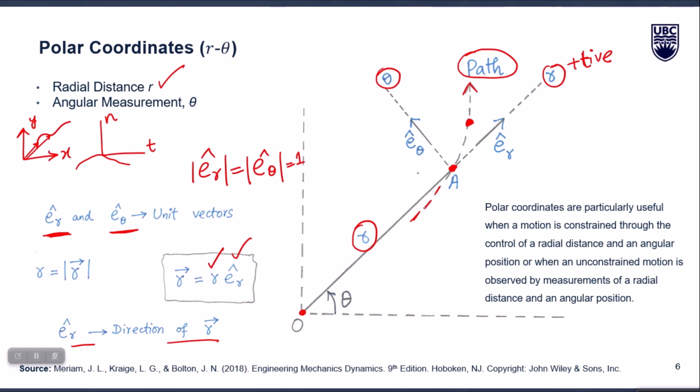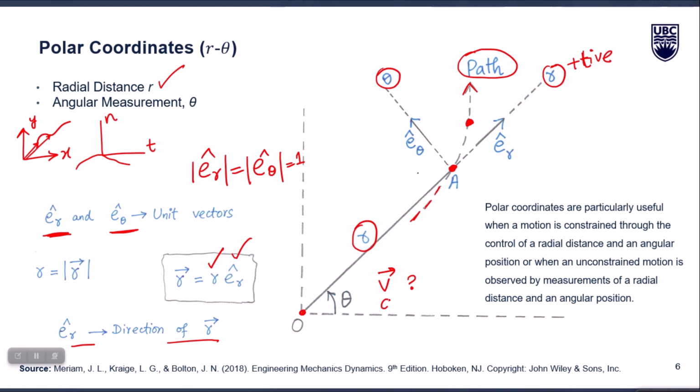Now after we define this coordinate system, the next step should be to see how we can write the velocity vector and acceleration vector in this new coordinate system, right? So our next target should be to write the v vector in this new coordinate system and see what will be the r component of velocity, and what will be the theta component of velocity.